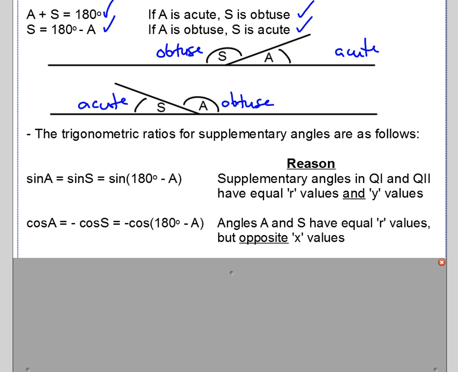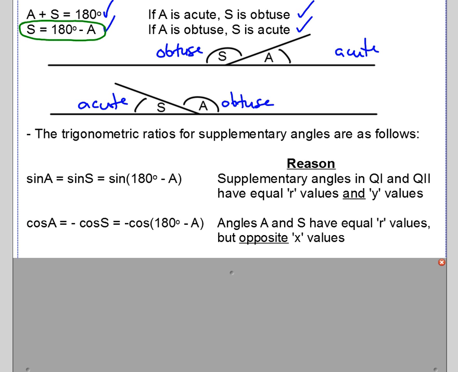All right, so for the cosine ratio, here they're not going to be equal. As a matter of fact, they're going to be opposite in sign. So the cosine ratio will have values that are opposites. If we use, instead of S as the supplementary angle, its form developed here, which is that the supplement is 180 degrees subtract A, then we can write this relationship in two possible ways.